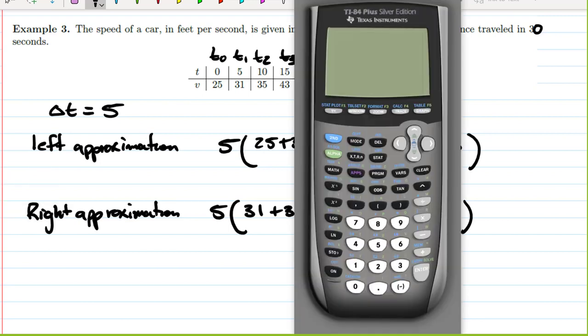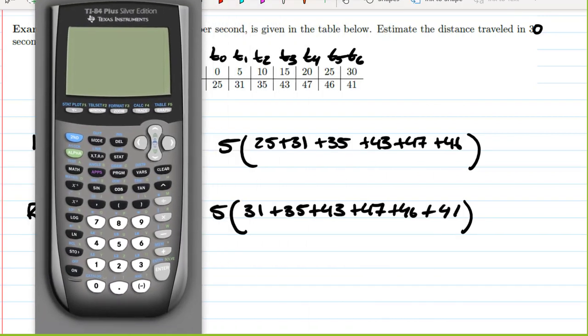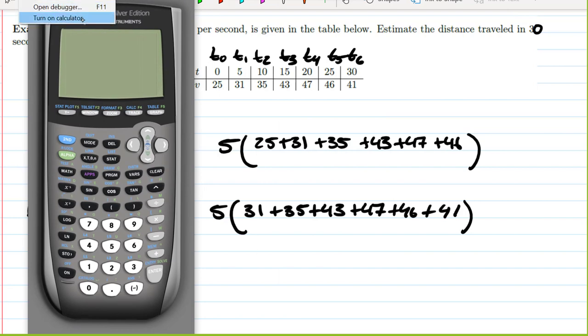And then if I put each of these into my calculator, I can get my left and my right approximations. So I have 5 times 25 plus 31 plus 35 plus 43 plus 47 plus 46, and that gives me my left approximation.